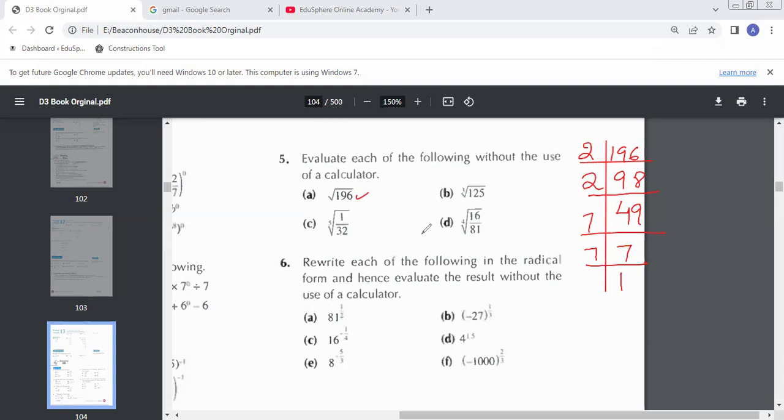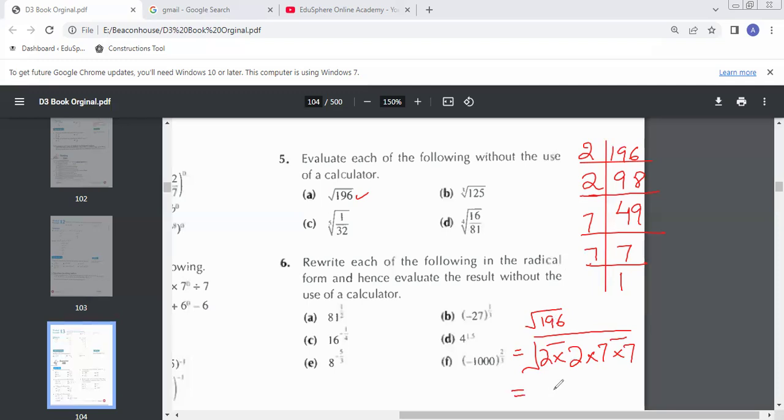Okay, so for 196, when we did the prime factorization, it's basically all prime numbers: 2, 2, 7, and 7. Basically, there are pairs. So we write 196 equals 2 times 2 times 7 times 7. 2 times 2 is a pair of 2, and there is a pair of 7.